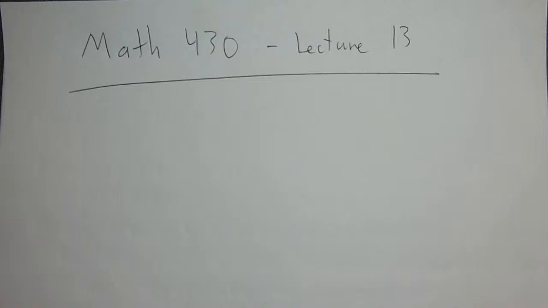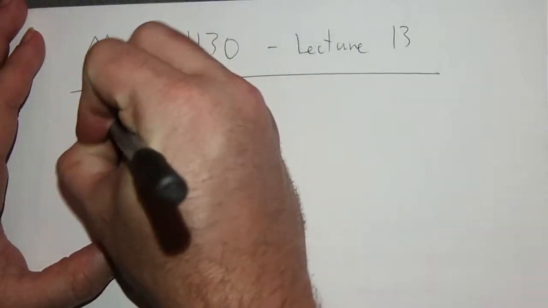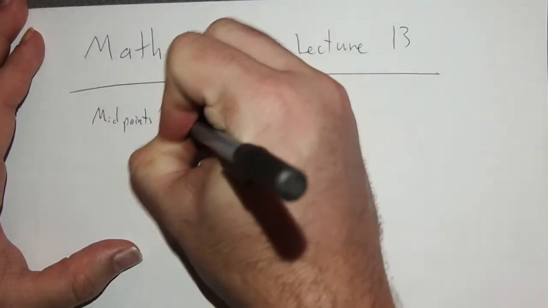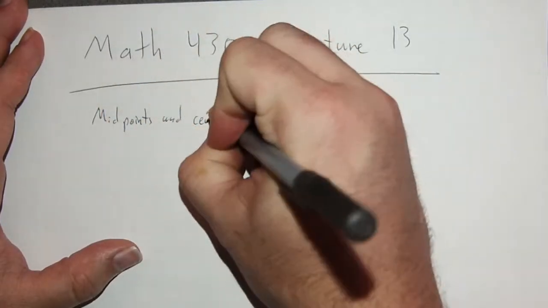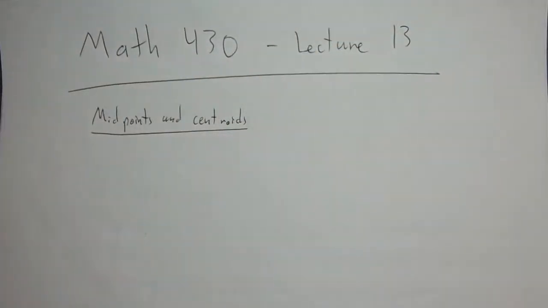So next, I want to discuss midpoints and centroids. And what's maybe a little ironic is, if I ask you to define what a midpoint is on a line segment, you would immediately go to references involving distance, right?